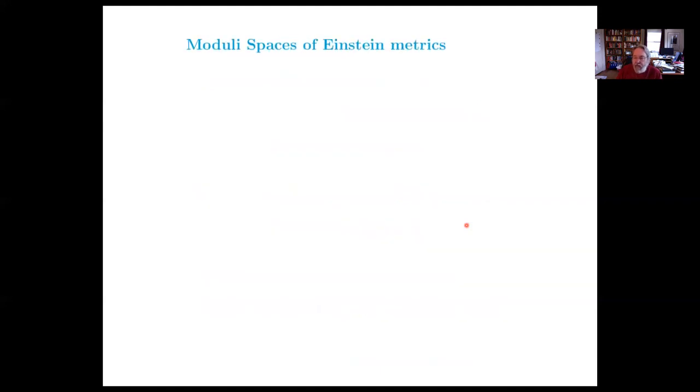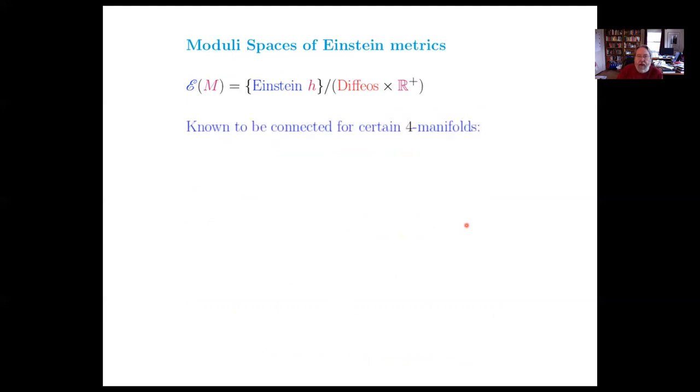If we introduce the so-called moduli space of Einstein metrics, we take Einstein metrics modulo the action of the diffeomorphism group and also of the positive constants by rescaling the metric. Then this is known for certain 4 manifolds. For example, if M is the 4 torus, Berger showed that any Einstein metric on the 4 torus had to be flat.